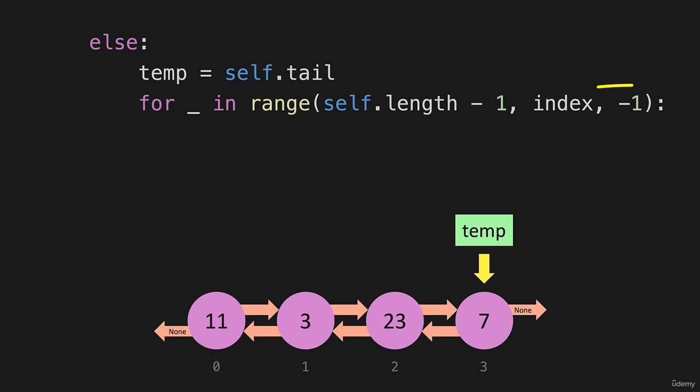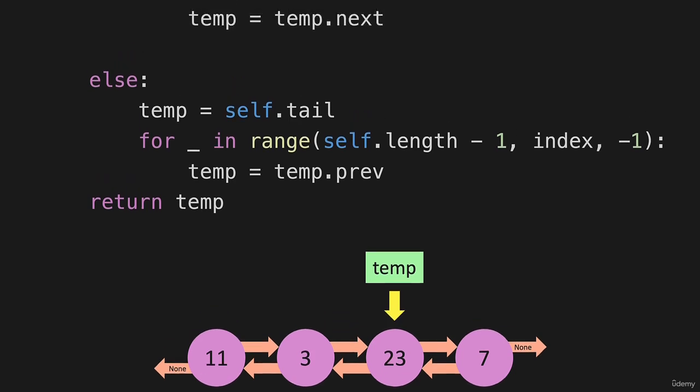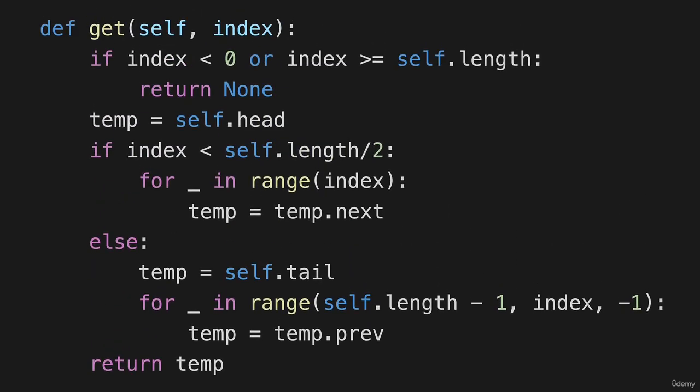In this case, we can tell it to decrement by 1 every time we loop through. And as we do, we'll say temp equals temp.previous, which is going to move that to the left. And once we get done running through our for loop, we'll return temp, which will return that node that we're looking for.